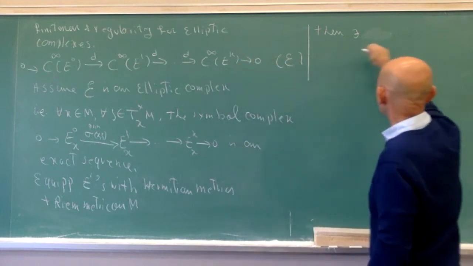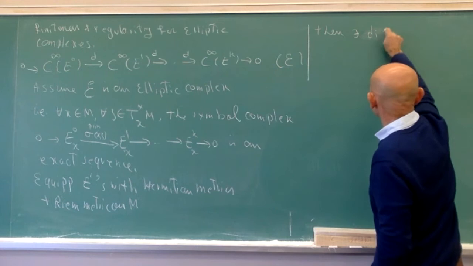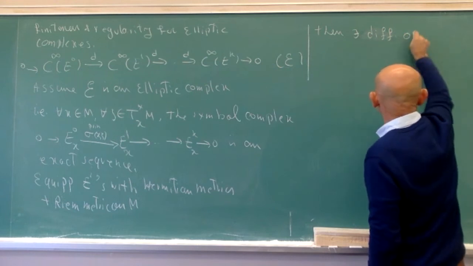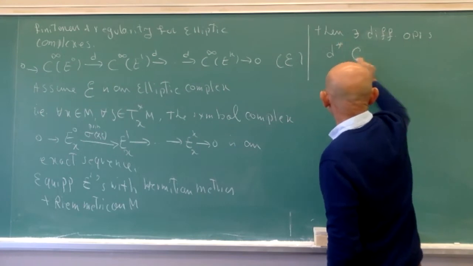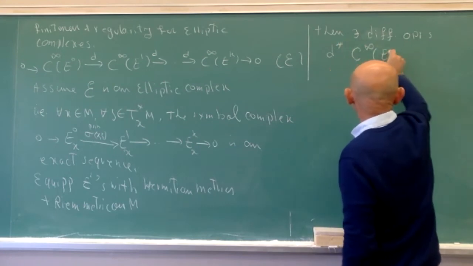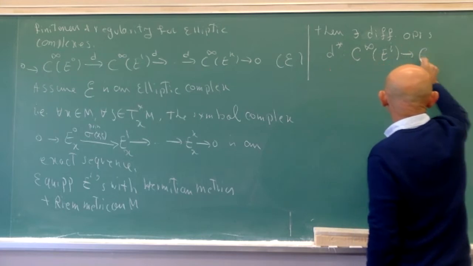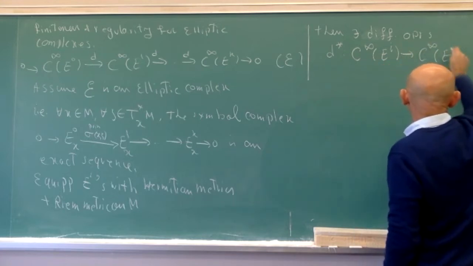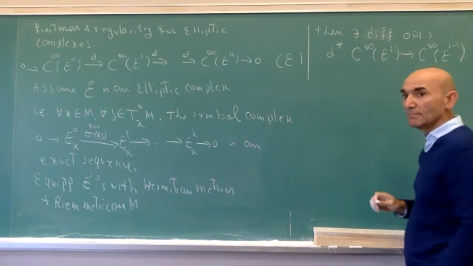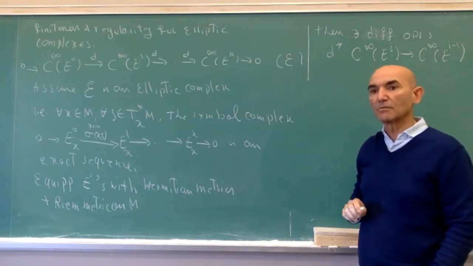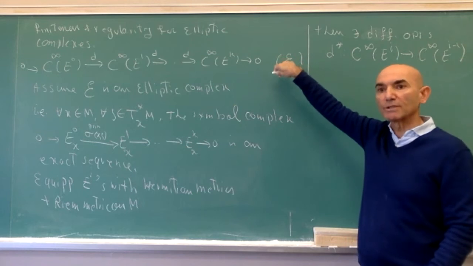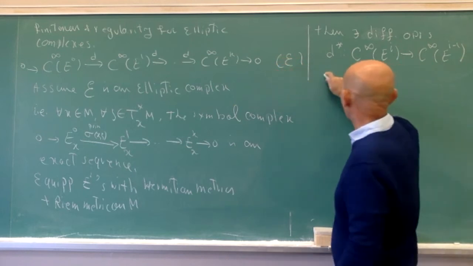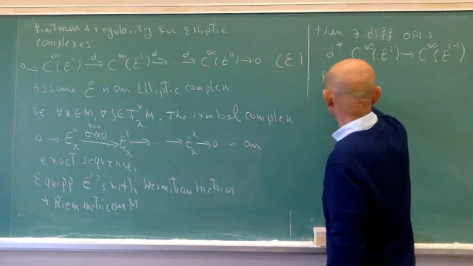Then there exist differential operators d star going from C infinity of E_i to C infinity of E_{i-1}, in the other direction, which are formal adjoints of d.